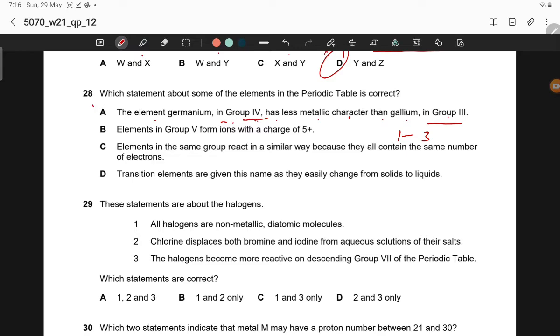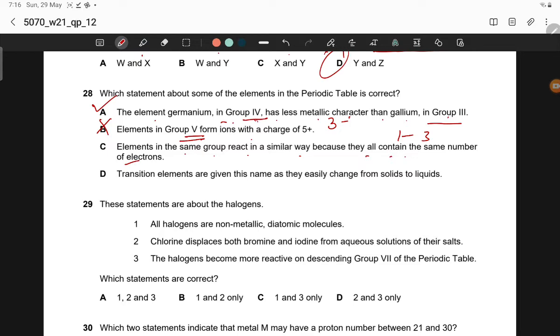This is correct. Elements in group 5 form ions with a charge of 5 plus. No, 3 negative ion. Incorrect. Elements in the same group react in a similar way because they all contain the same number of electrons.